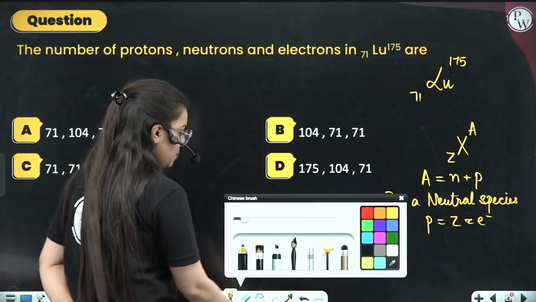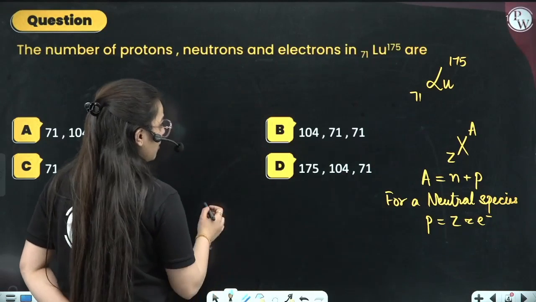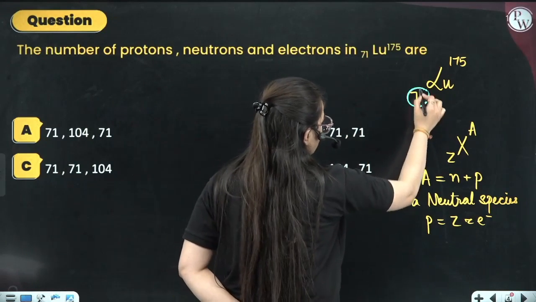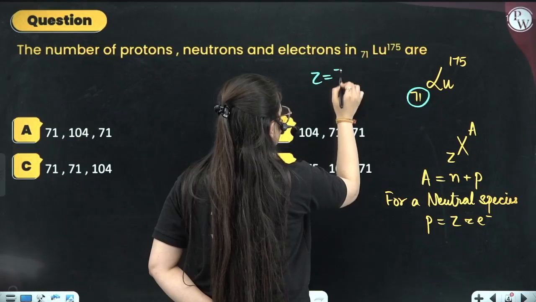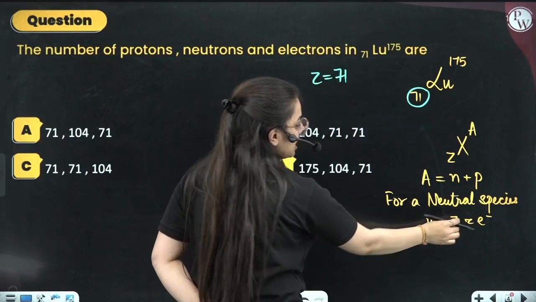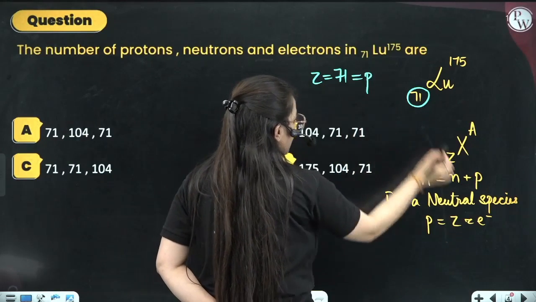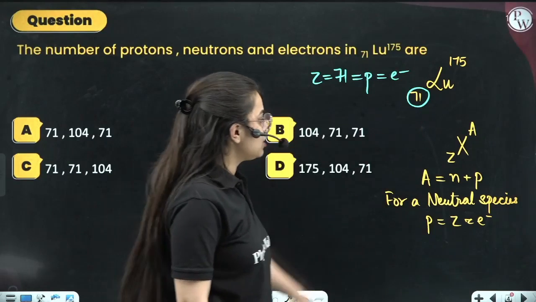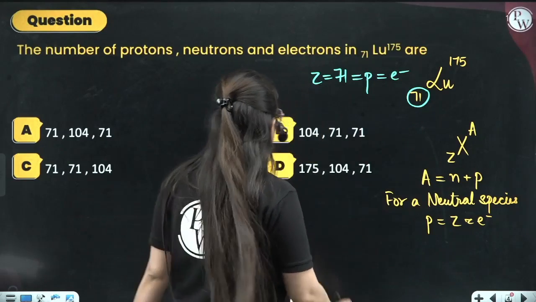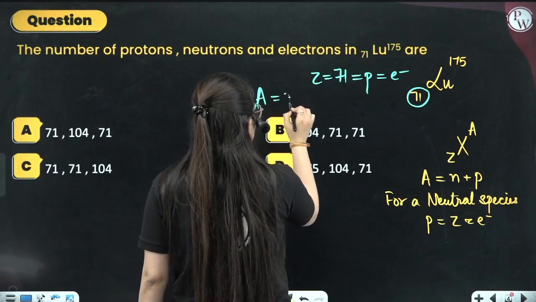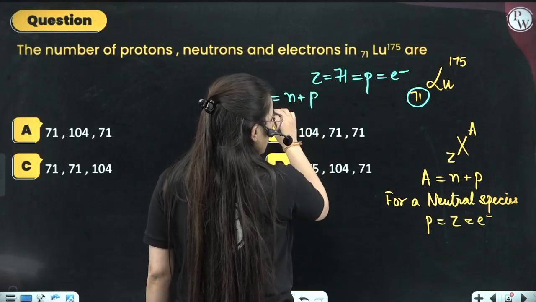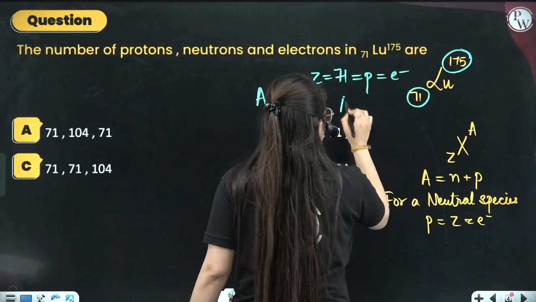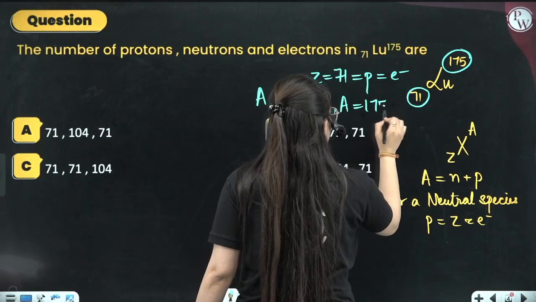Now let us solve this particular part over here. We have been provided with this. This is Z. Now there is no charge given. That means Z is equivalent to number of protons. It is equivalent to number of electrons. Now what is left over is neutrons. How to calculate neutrons? You all are aware that mass number is equivalent to number of neutrons plus protons. Mass number is this. A is equivalent to 175, right?